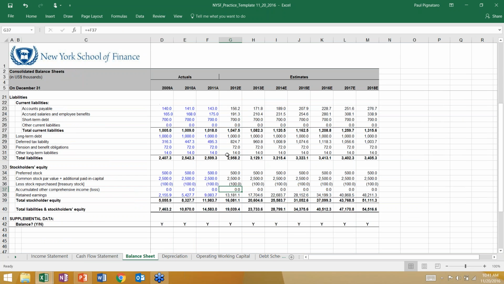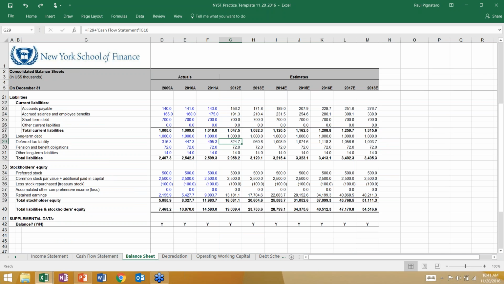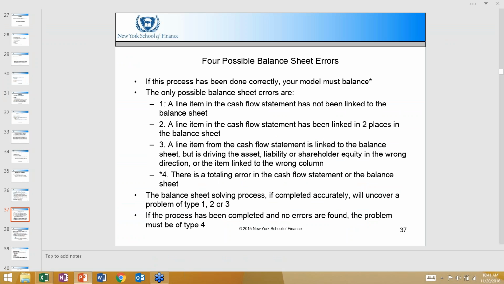So for example, if I didn't link up the deferred taxes properly, if I just kept it flat, my balance sheet would be out of balance. I said, okay, why is it out of balance? And I go here and say, oh, I didn't highlight this. I didn't use this. That's why it's out of balance. That's problem number 1. Line item in the cash statement has not been linked. So it's very important to check the cash flow statement line items off as you go along and utilize them.